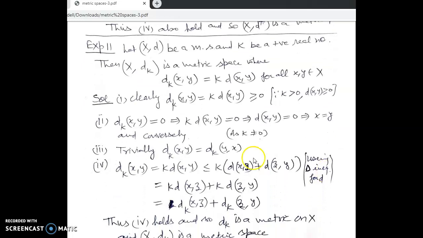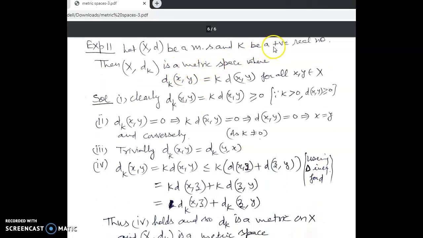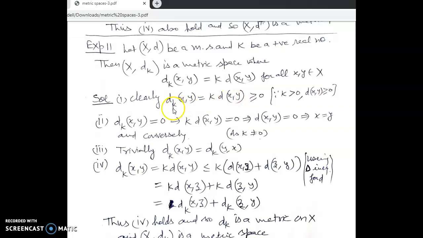And now the last example: let X be a metric space and k be a positive real number. Then X with d_k is a metric space, where d_k of xy is defined by k times d of xy for all x, y belonging to X. Clearly d_k of xy is greater than or equal to 0. Why? Because k is positive and d of xy is non-negative, so the multiplication is non-negative. And if d_k of xy becomes 0, it means k times d of xy will be 0. k is not 0, so d of xy will be 0 and so x will be equal to y.